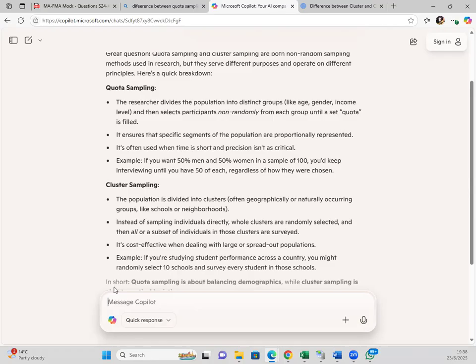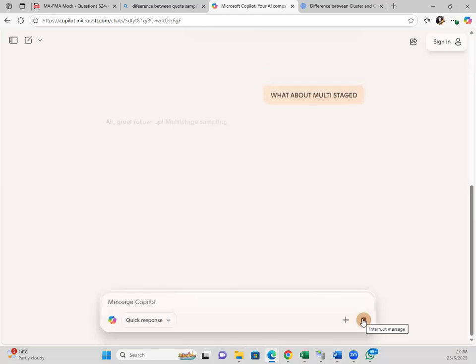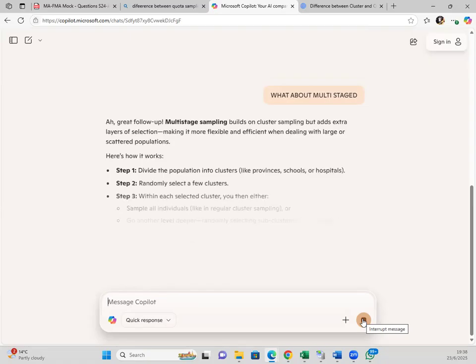So what about multi-stage? The other one is multi-stage. They are a bit similar. Yeah, I think for quota sampling, this one I wrote it out, but for multi-stage and cluster sampling, regarding the question, I want to.